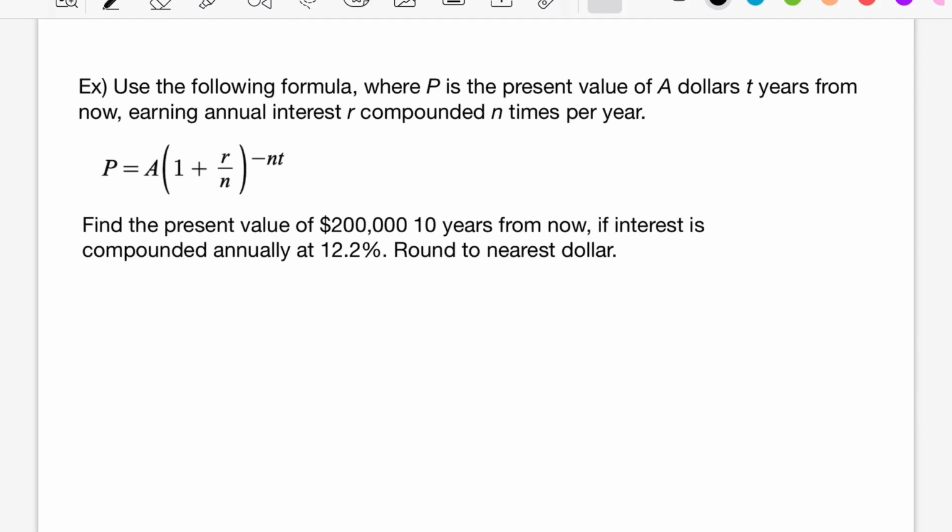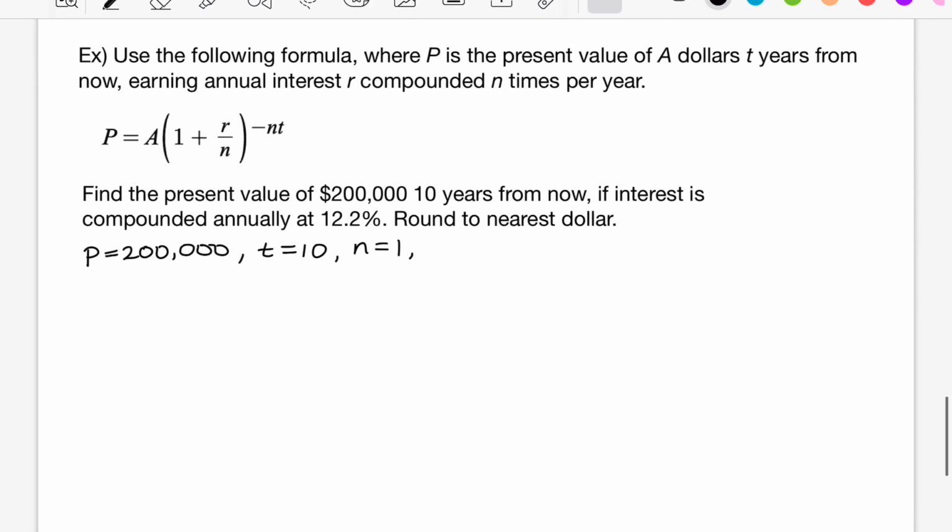So we know that we're starting with $200,000, that'll be A. T is going to be 10, because we're looking at 10 years from now. We're compounding annually, so n is going to be 1, and our rate is going to be 12.2%, which we need to write as a decimal, so we'll get 0.122. So plugging this information into our formula above, actually, sorry, this should be A here.